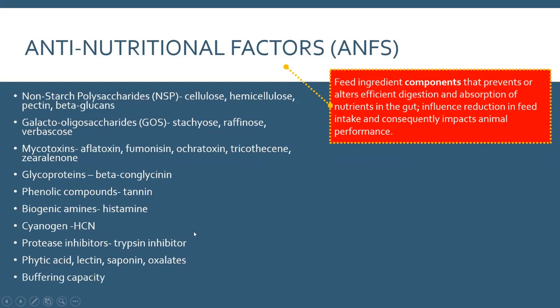Buffering capacity, this is the ability of a feed material or a raw material to buffer or neutralize the acidity. So mostly these are the phosphates, milk products, minerals like limestone or monocalcium phosphates. They do reduce the acidity of the gut.